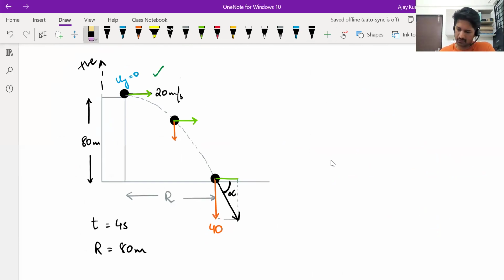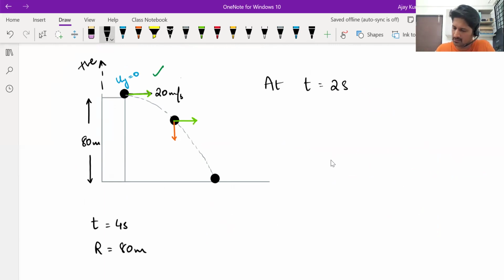Tell me where it will be at 2 seconds and how it will be moving after 2 seconds. So the question is, at t is equal to 2 seconds, how it will be moving, means what is the velocity of the object? First part. Second part, how high will it be above the ground?